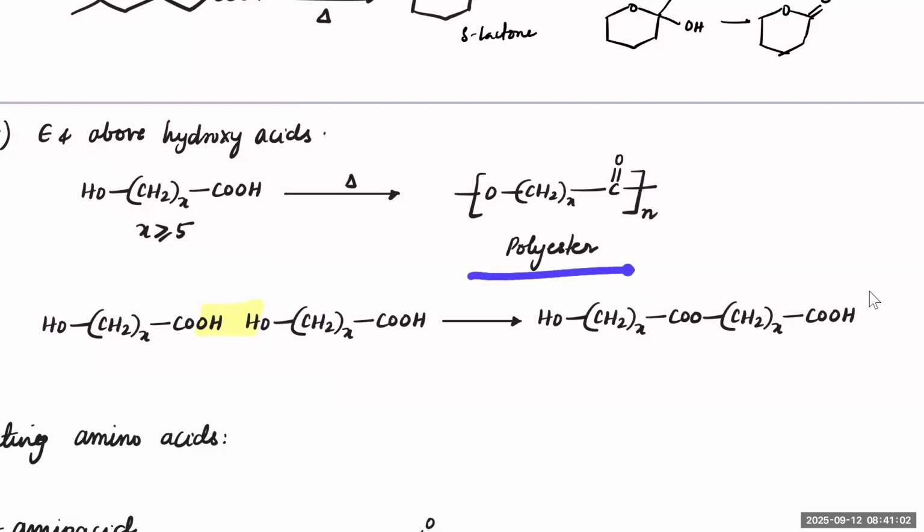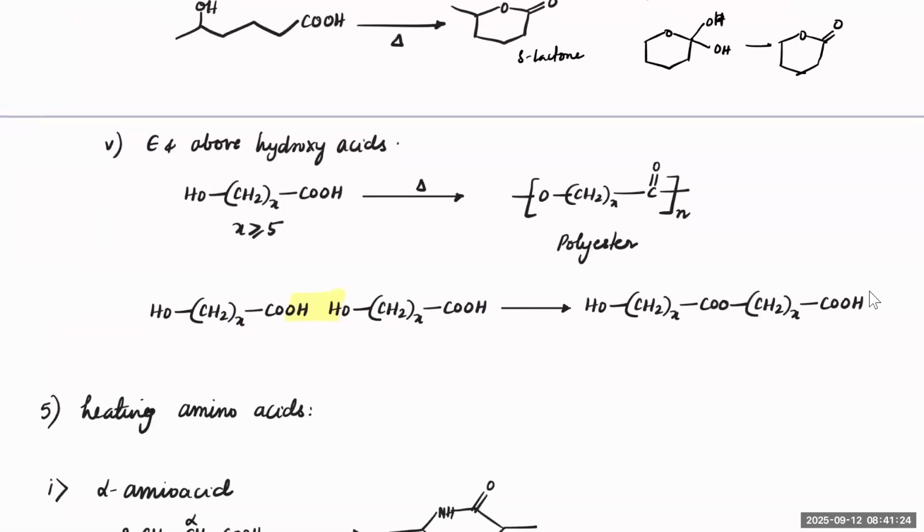So it will keep on happening till polymer is formed. So this type of polymer is called polyester because you're making an ester. So this is the sequence of preparation of polyesters. So we need to have carbons, that is methyl groups, greater than or equal to 5. Then that will happen.